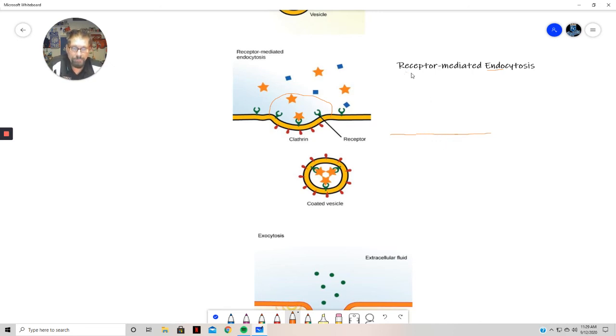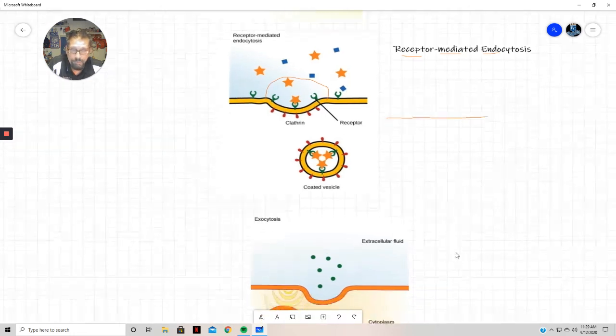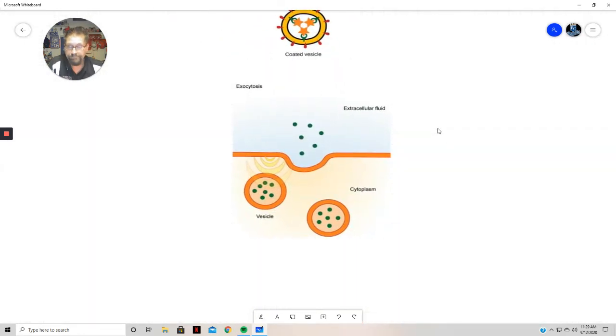Okay, receptor mediated. In other words, these receptors have to recognize, and then we just bud around, break off, and transport it inside. Bulk transport, big stuff, is the reminder here.